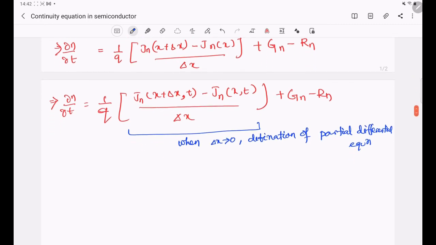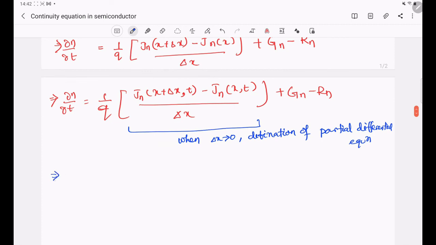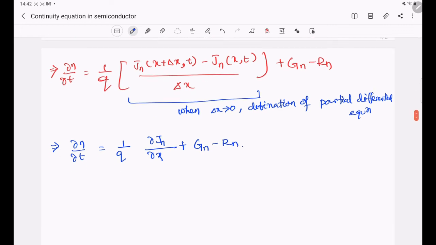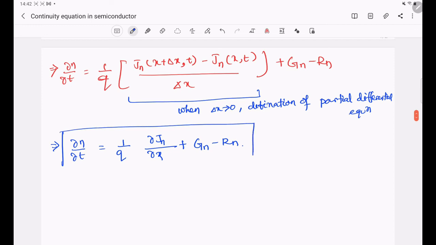Now we can rewrite this equation as del n by del t equals 1 by q into the partial derivative of this current density with respect to distance, plus Gn minus Rn. So this is the continuity equation. Suppose this is equation number 2.